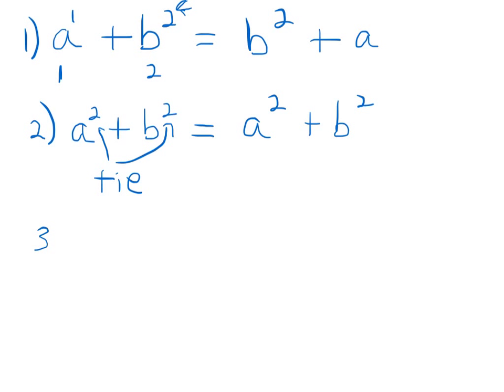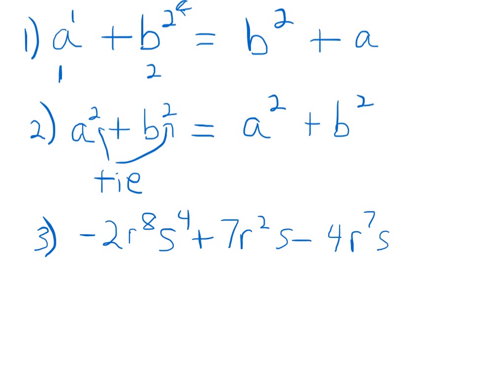Let's actually go over that example that we did earlier today in our notes. It was this one, and you guys should already have this in your notes. I'm just going to rewrite it real quick and try not to be too sloppy. Plus 7r squared s minus 4r to the 7th s to the 6th.